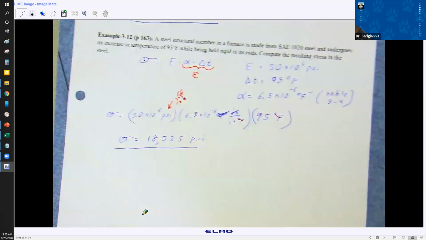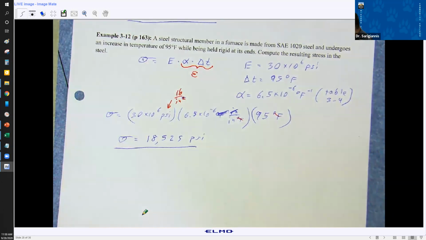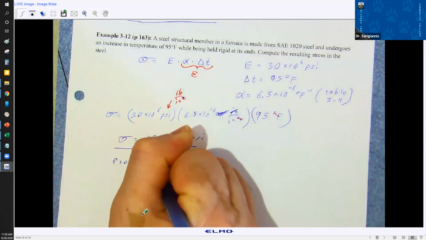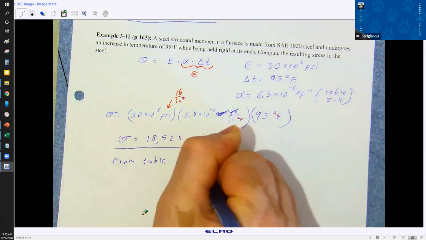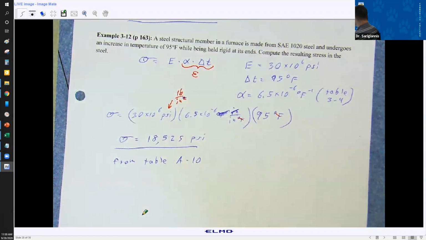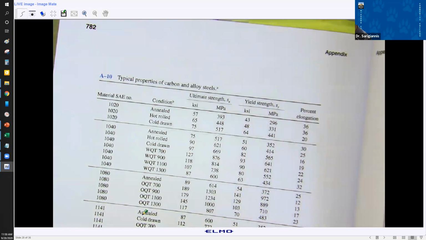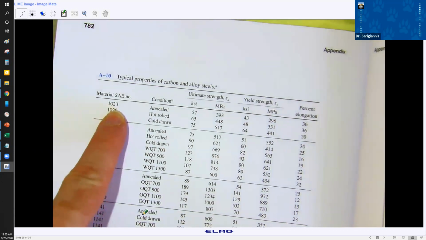Compute the resulting stress in the steel. Now, one thing to notice here, this is the stress in the steel. This is above and beyond what the problem is asking, but I want you to see. We can look at table A-10 and find SAE 1020 steel.